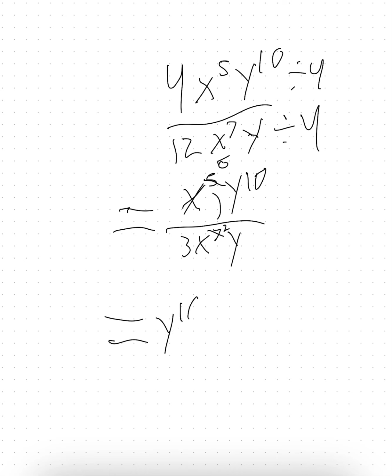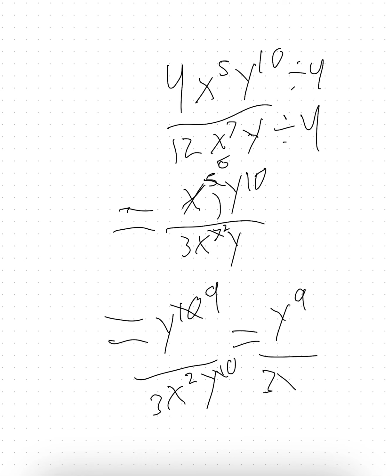So we have y to the 10th over 3x squared y. We can simplify this further, though. y is equal to y to the 1, so we can subtract these, reduce that to 9. So we have y to the 9 over 3x squared. That's the answer for that one.